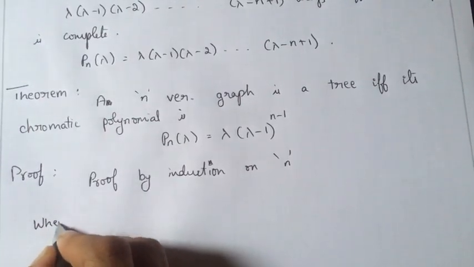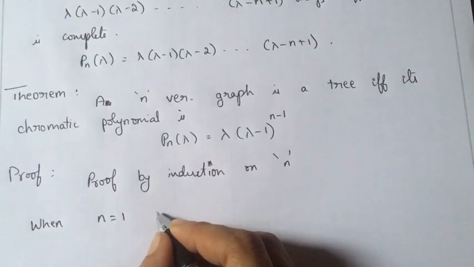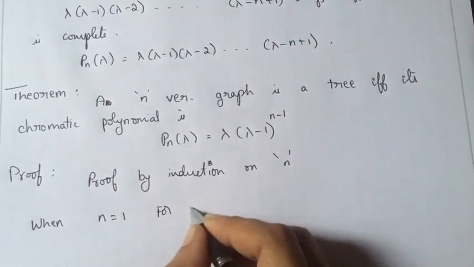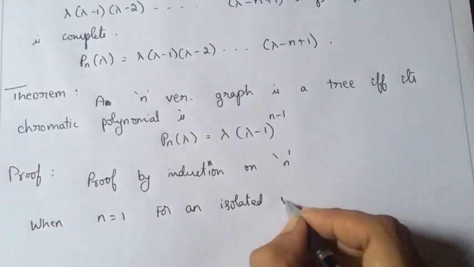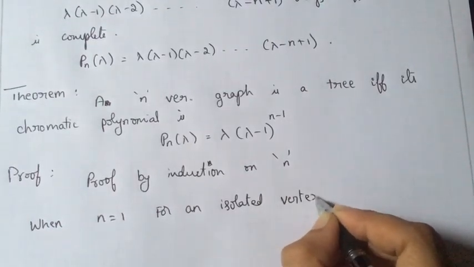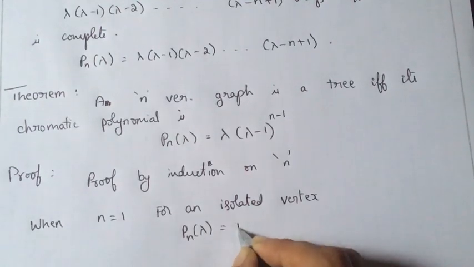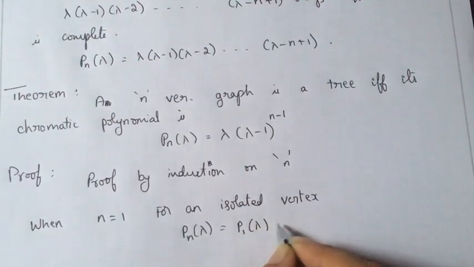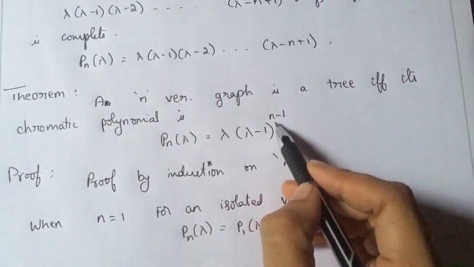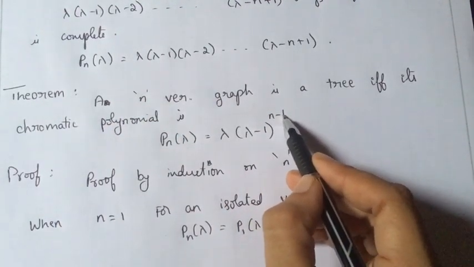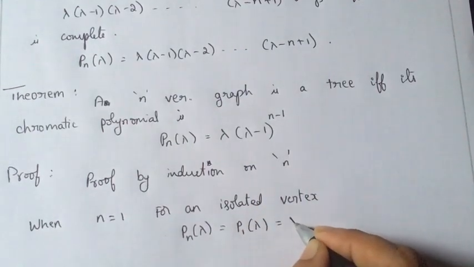So when n equal to 1, that is an isolated vertex. For an isolated vertex, Pn of lambda, that is P1 of lambda, is simply lambda. When n equal to 1, it is 1 minus 1, 0, lambda minus 1 power 0, so it is lambda.